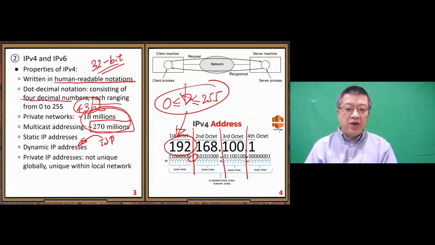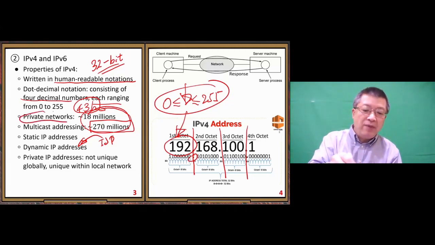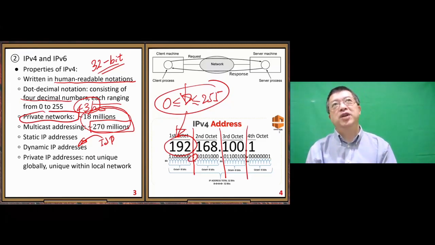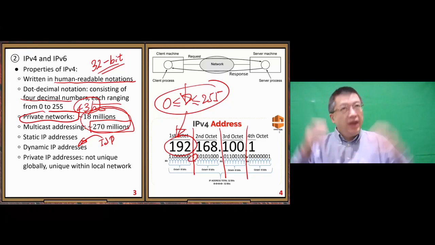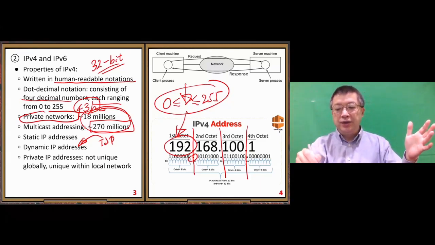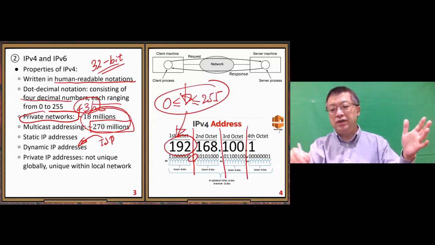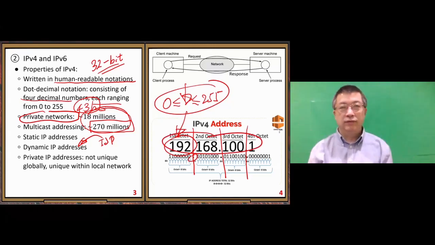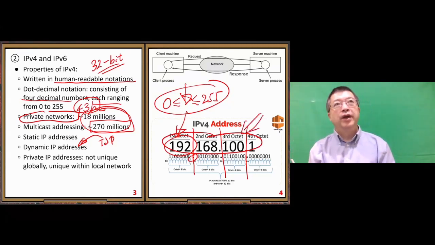Private IP addresses. For private networks, you use private IP addresses. Usually they are not unique. What's the meaning? Within your home, you use an address like 192.168. Everyone at their own home always uses that. I use this at my home, you use that at your home, right?